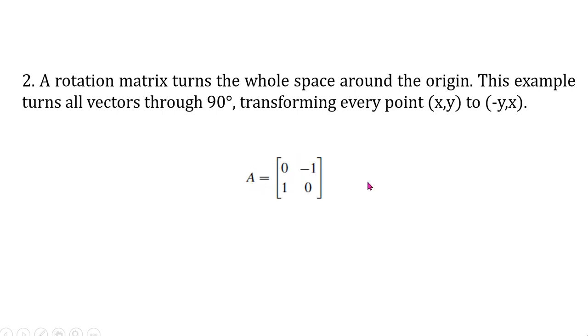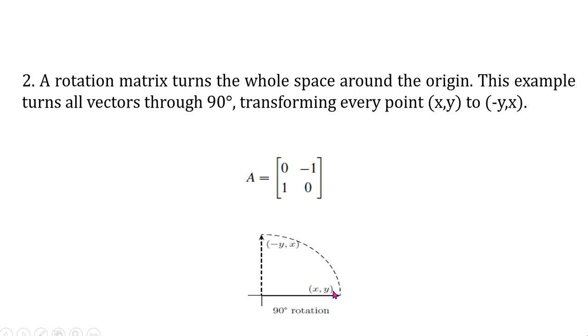It rotates the given vector into a 90-degree rotated vector. If this matrix is multiplied by any vector, a 90-degree rotation can be observed here.